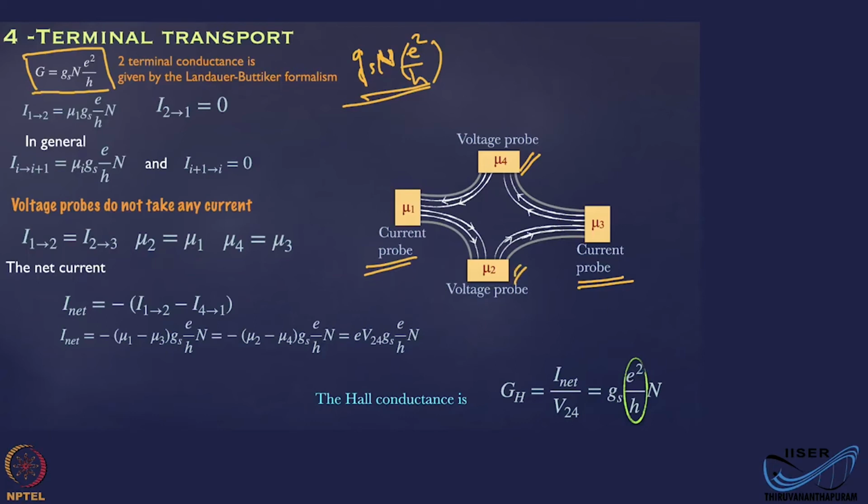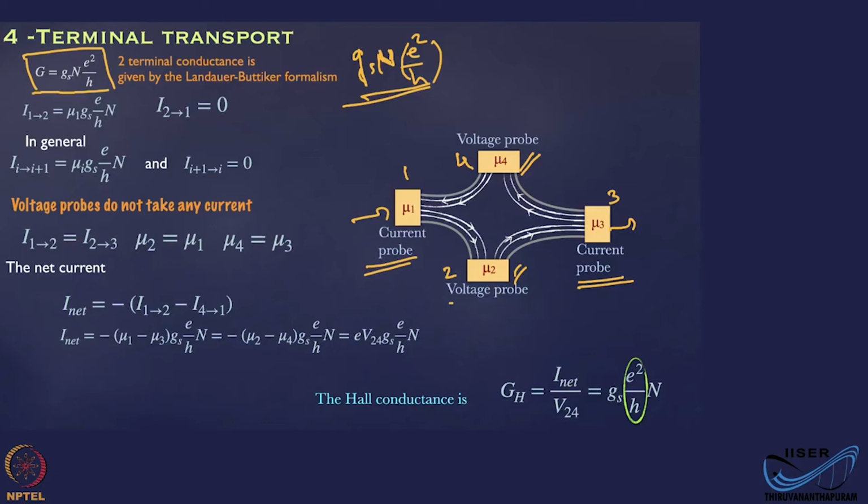These are voltage probes and these are current probes. That means you inject current here and remove current here, but you don't need to worry about whether you are removing or putting, because you can also apply an oscillating voltage between 1 and 3. I have 4 contacts: 1, 2, 3, 4. Those are the contact numbers.